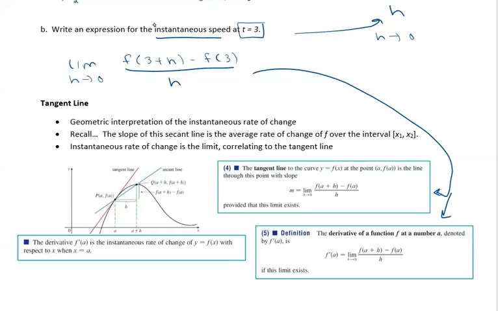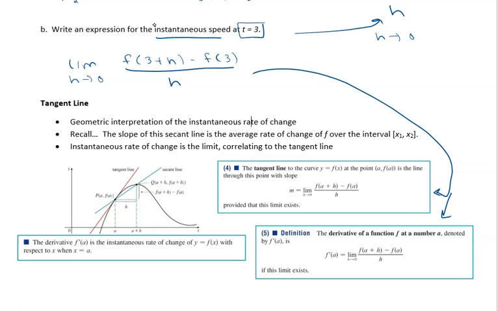A tangent line is a geometric interpretation of an instantaneous rate of change. Remember we had a secant line here in the blue, and as we got those 2 points of the secant line closer and closer together, it became a tangent line. So the tangent line right here is where our slope is approximating, and it is our instantaneous rate of change.